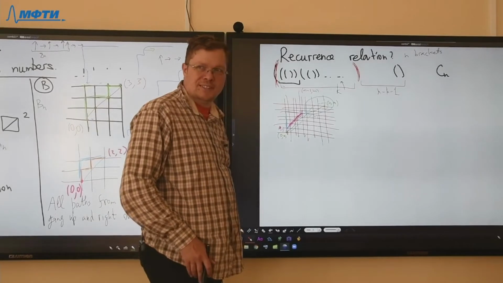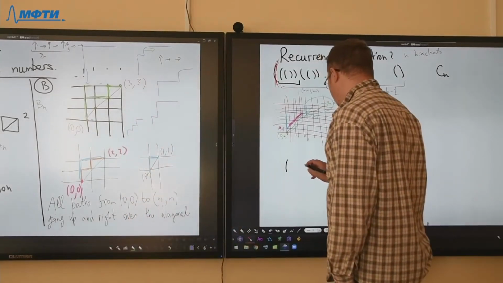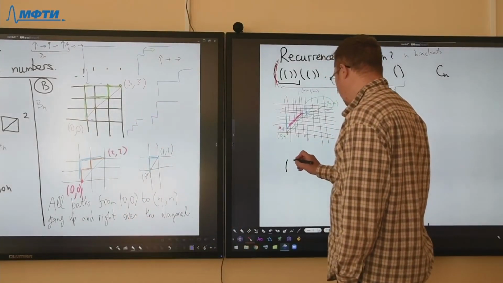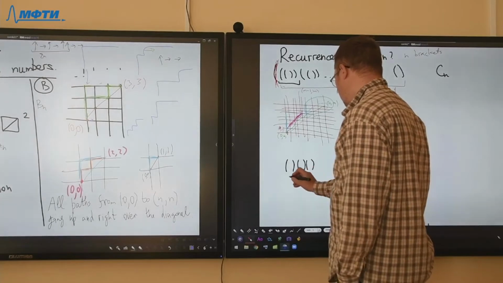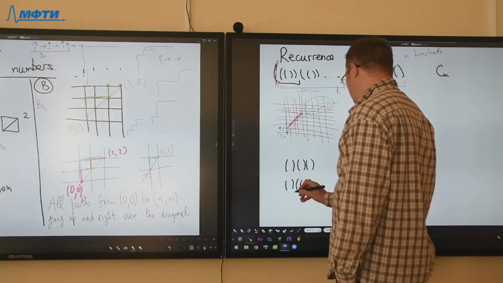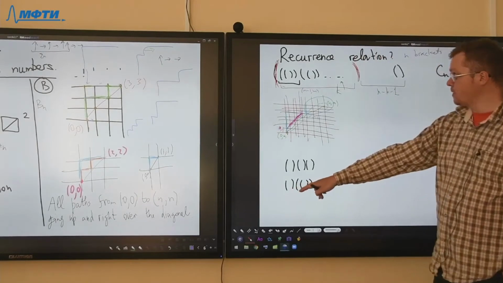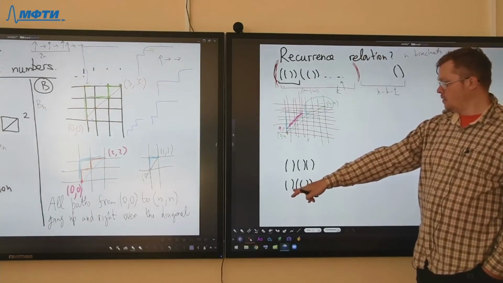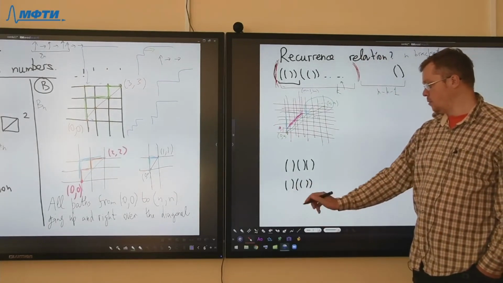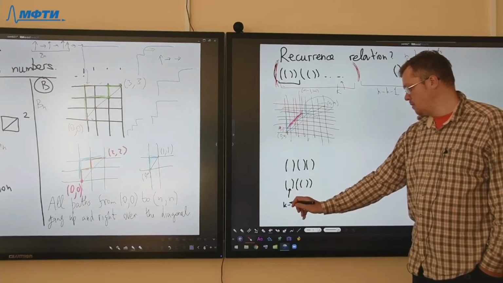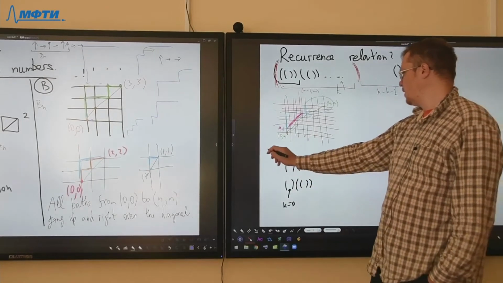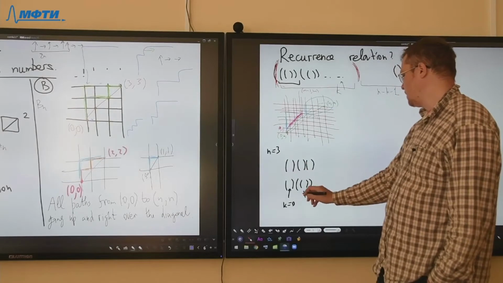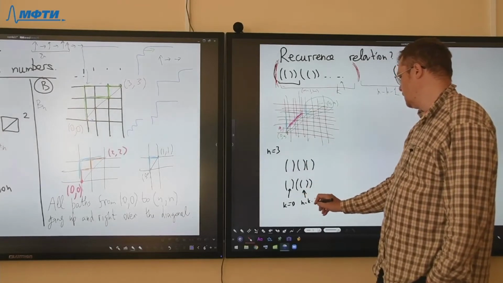No. So I can write an example. For example, for 3 brackets, we have the following situation. So these are the sequences where the first bracket ends at the beginning. So here k is 0, n is equal to 3, and n minus k minus 1 is 2.